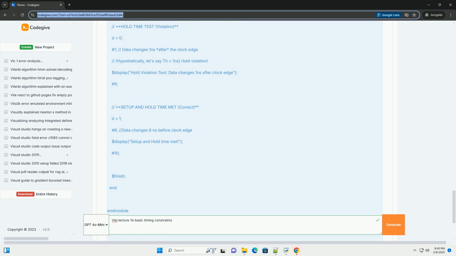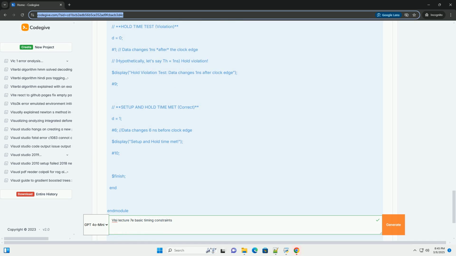Temperature: higher temperatures generally slow down transistors, increasing delays. Voltage: lower supply voltages generally slow down transistors, increasing delays. Process variations: manufacturing variations can cause differences in transistor characteristics, leading to variations in delays.